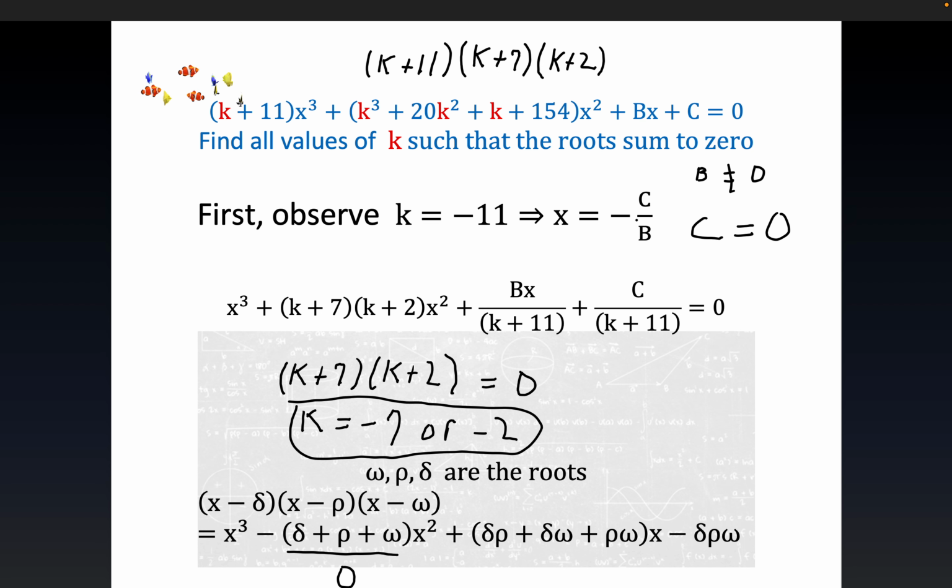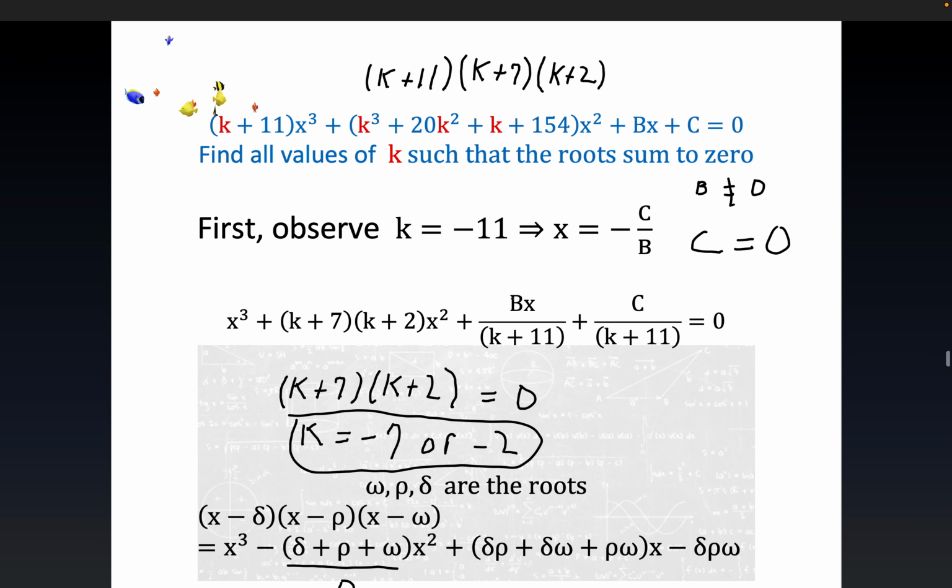Now this part right here is a little more fun, because now that we resolved the case for k equal to negative 11, we can divide through by k plus 11 because we're not dividing by 0. No problem there, and everything works out nicely. The part that's interesting is that b and c are free-ranging variables. It makes no difference. Make up your own fun problem here, and you'll see that this works, folks.